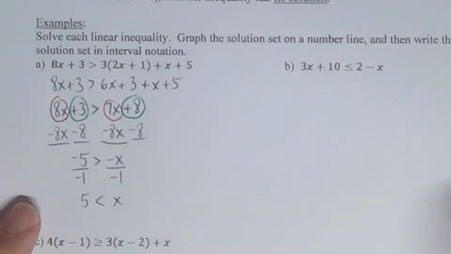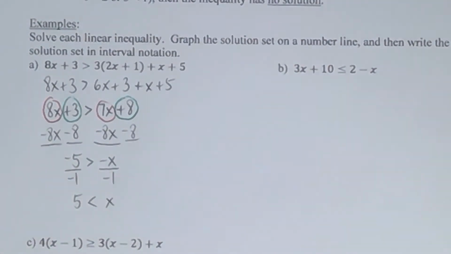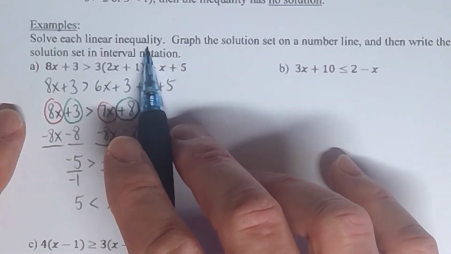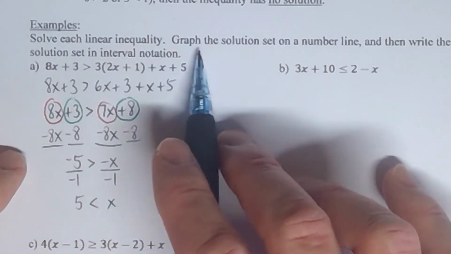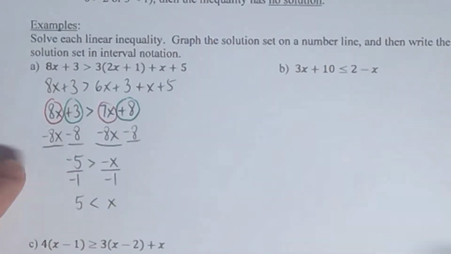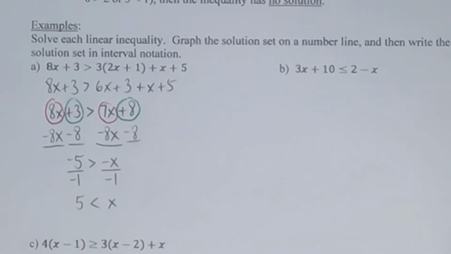Normally in an equation, when you get x by itself, you're done when you're solving a linear equation, but not here. Look at what it says here after it says to solve. It says to graph the solution set on a number line and then write the solution set in interval notation. Here's the reason why you got to do all that.